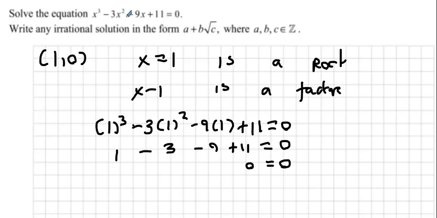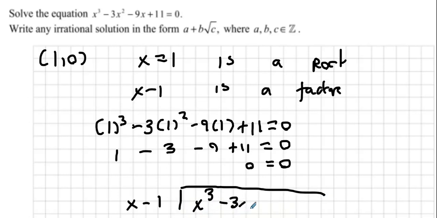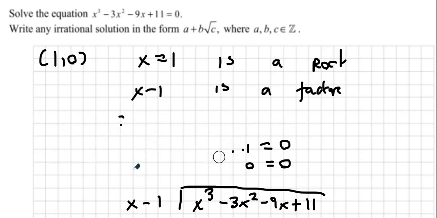Now, we're going to divide x minus 1 into this one here, your x cubed, your minus 3x squared. Now, this one was painful at times because you all did the long division great. You did really well with the long division, but you just didn't finish it off. Okay, so there was plenty more marks to be had.